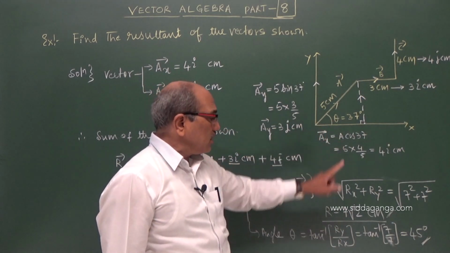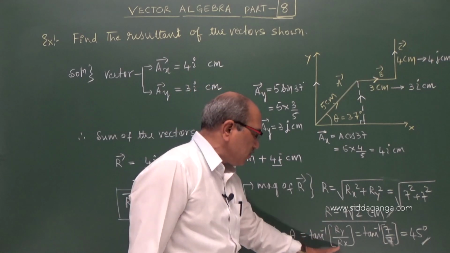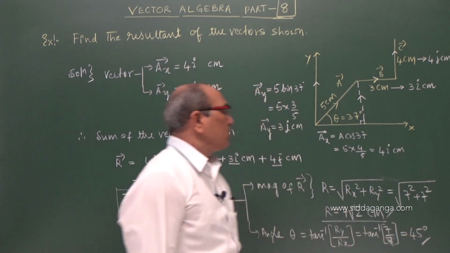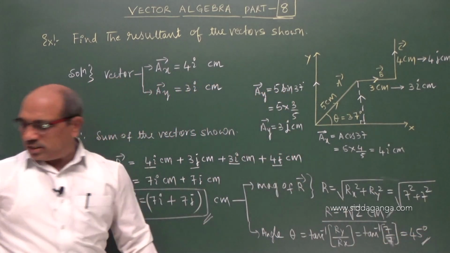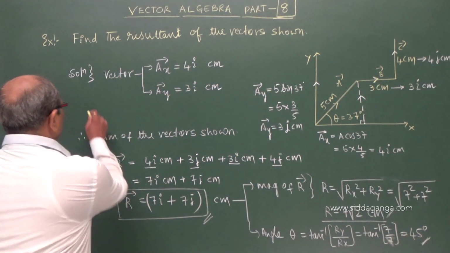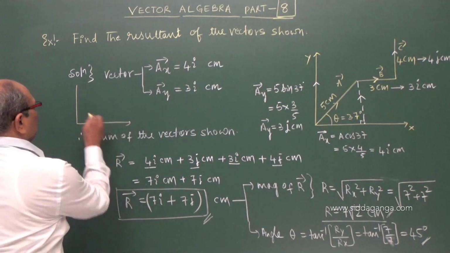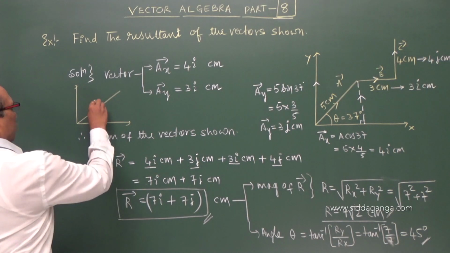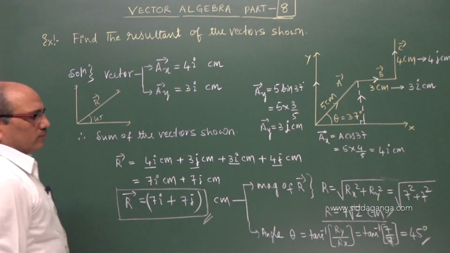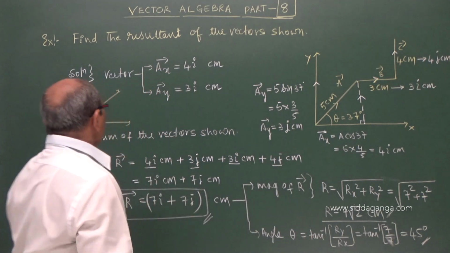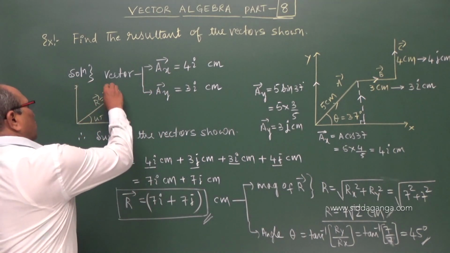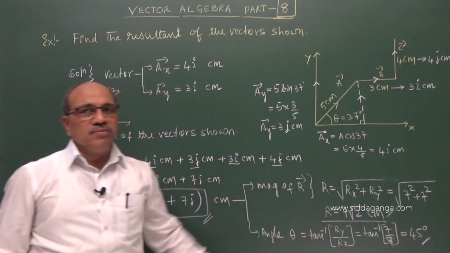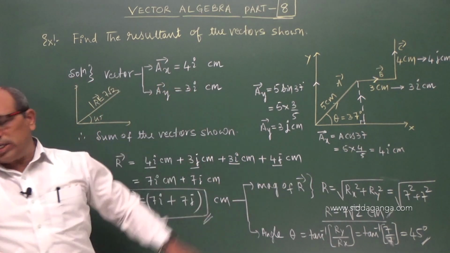The angle made by the resultant is Ry by Rx, equal to 45 degrees. So the new single vector R is at 45 degrees, where the magnitude of R is 7 root 2. That is what this problem is. I hope you understood. Let's go to another one.